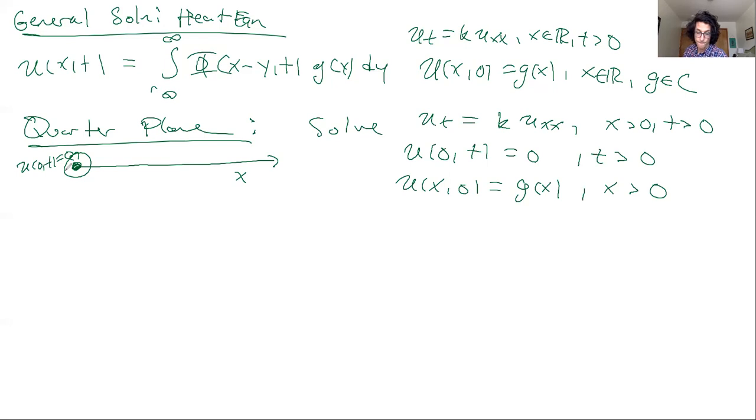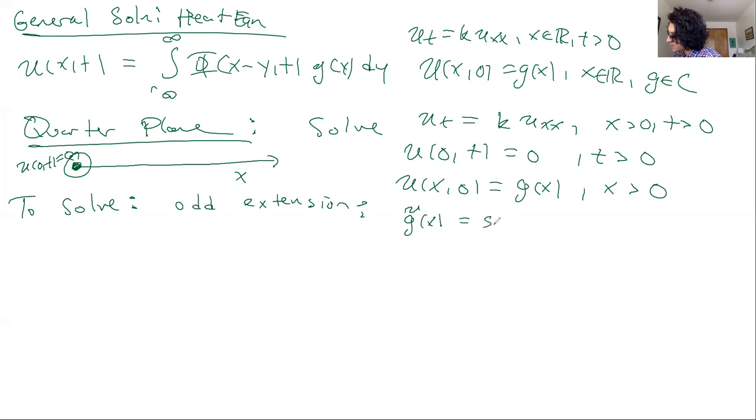Okay. So the way to solve this equation is not so different than the approaches that we talked about in the case of the wave equation. The idea is to use what's called odd extension. An odd extension, we're going to take the initial condition and just reflect it across the boundary, okay?